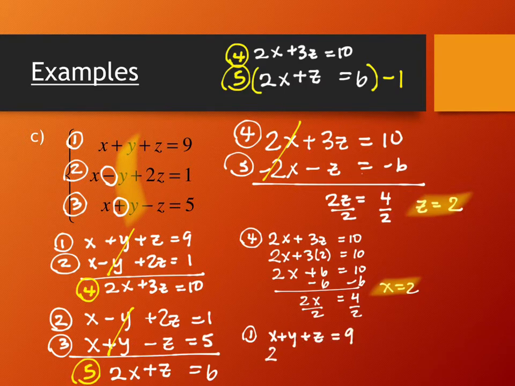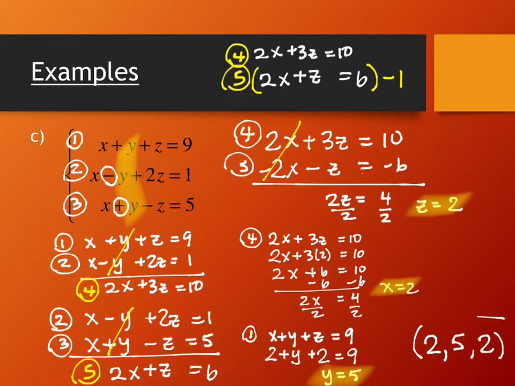X is 2, y I don't know, z is 2, equals 9. What would y have to be to make all that equal to 9? 5. Yep. So that's my third one. So my ordered triple is x is 2, y is 5, z is 2, and I'm done.